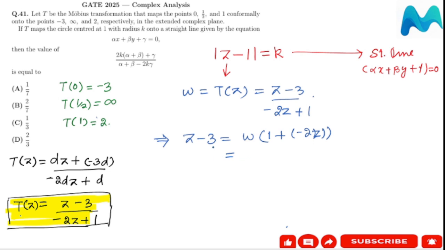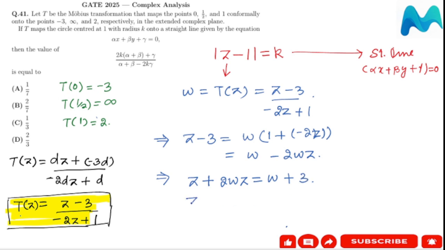We have to find the value of z, so w - 2wz = z - 3, and let us bring z to one side: z + 2wz = w + 3.